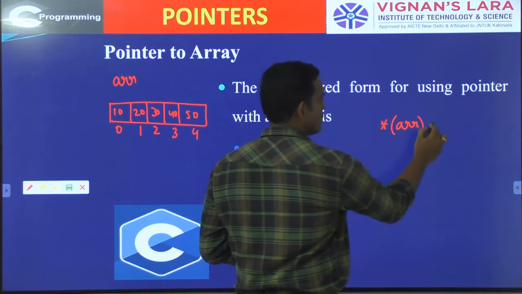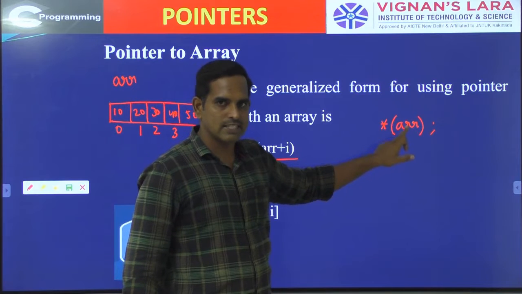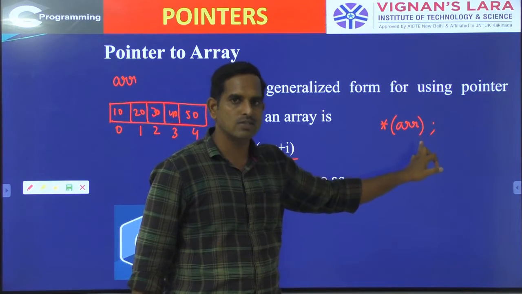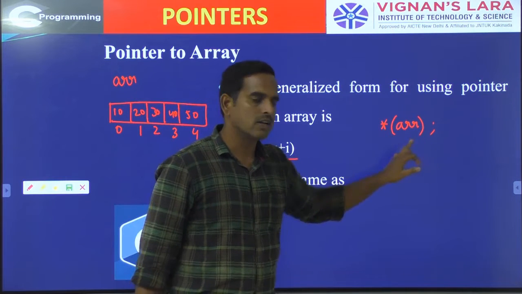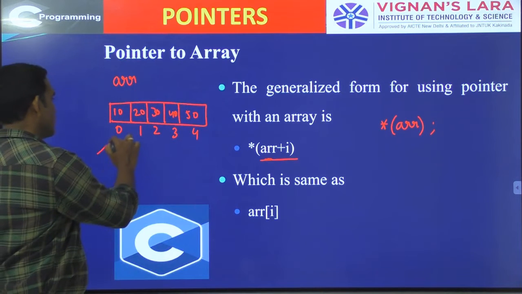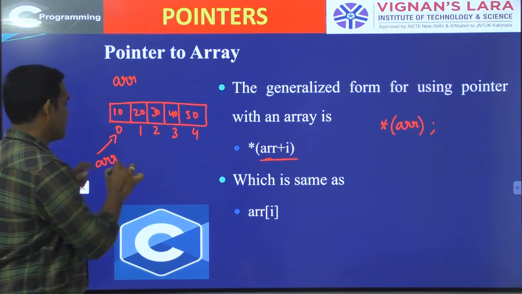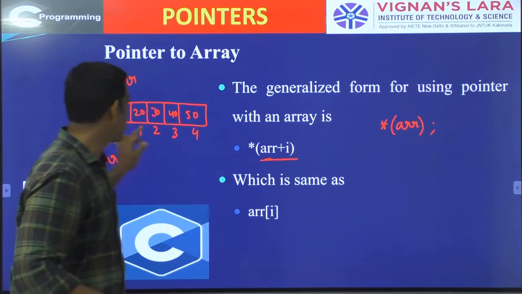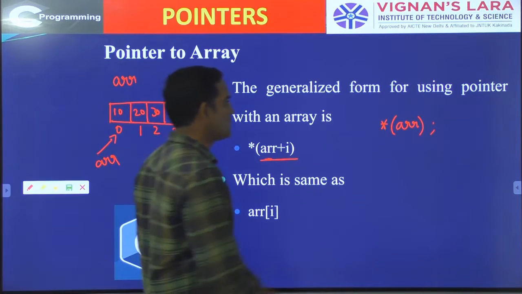As you already know, the name of the array acts as a pointer. Star ARR means the value at the address of ARR. Since ARR is pointing to the first memory location, the value at the address of ARR is the first memory location value, that is 10.